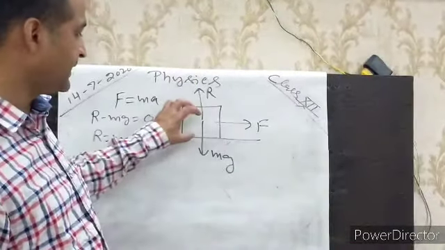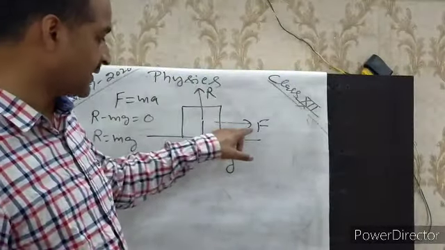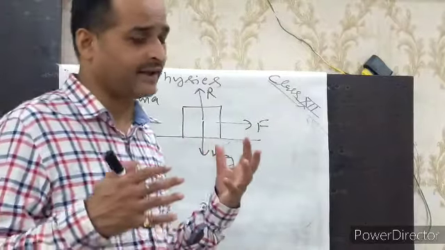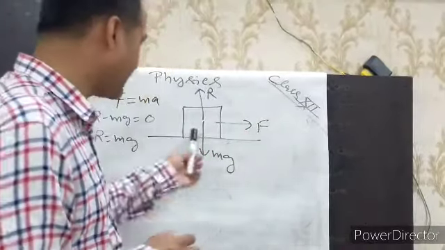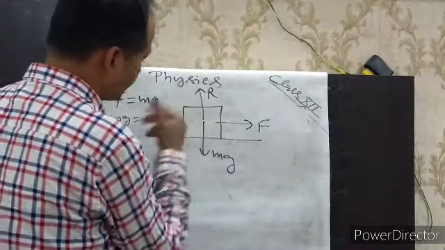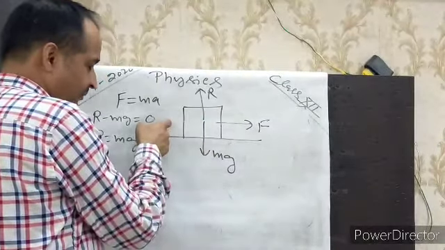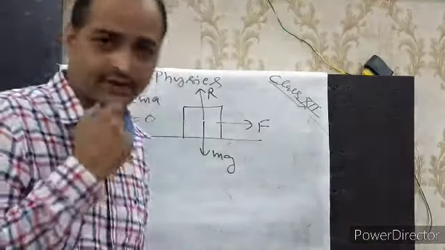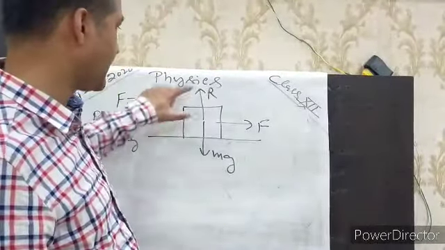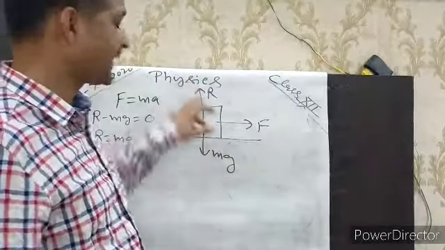It means there is a force which comes into play when you apply this external force F, a force which we cannot see where it is, but the table is not moving. It means there is a force in the opposite direction. Actually, we can see only three forces: R, the normal reaction, mg, the downward force, and these are cancelling each other.